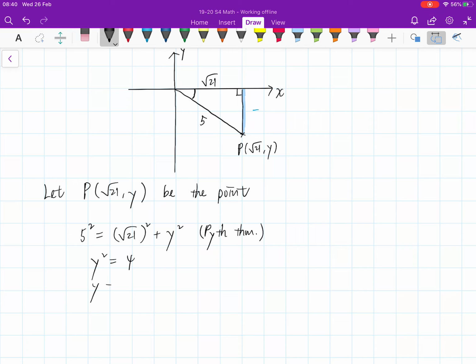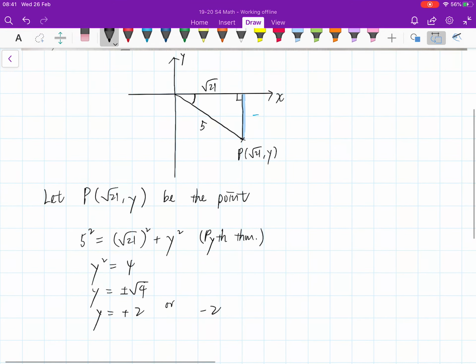For the next step, when we take the square root of 4, we have to write plus and minus in front. Finally, we have two values, positive 2 or negative 2. So please think about this, which value should we reject?